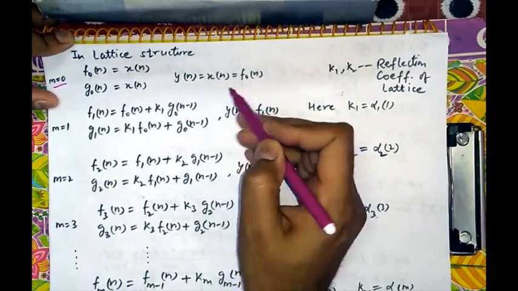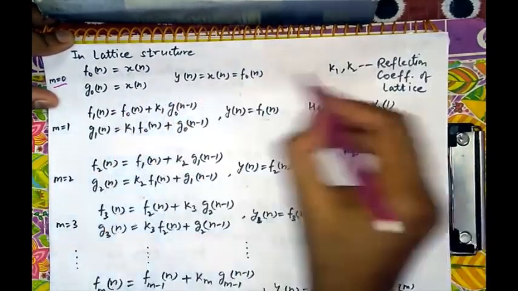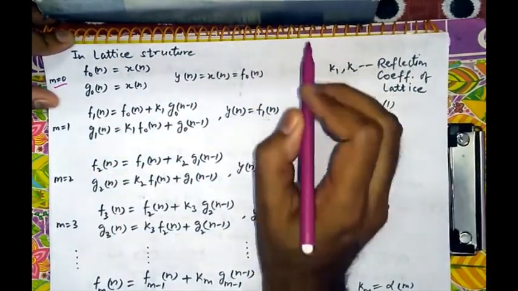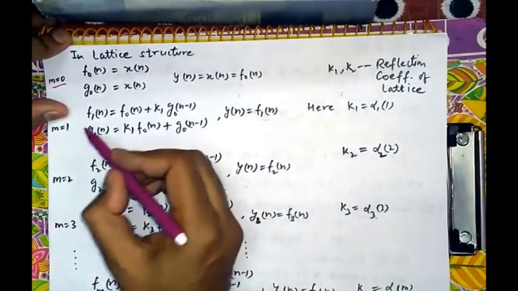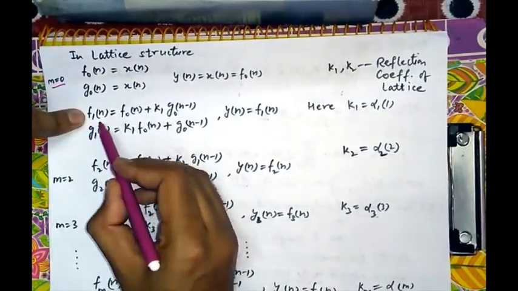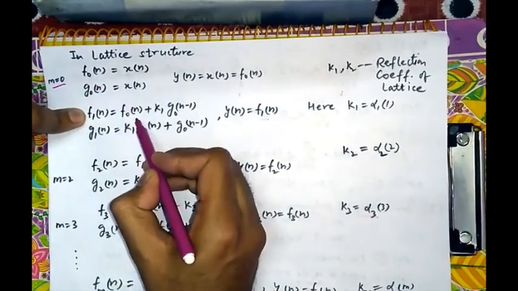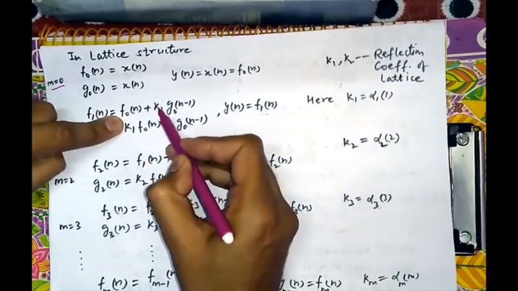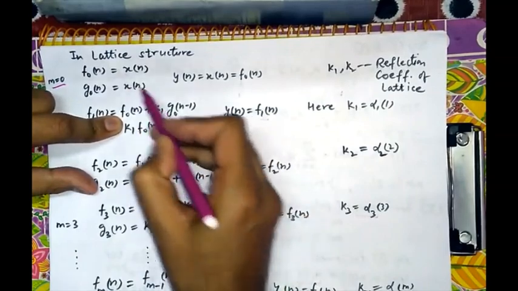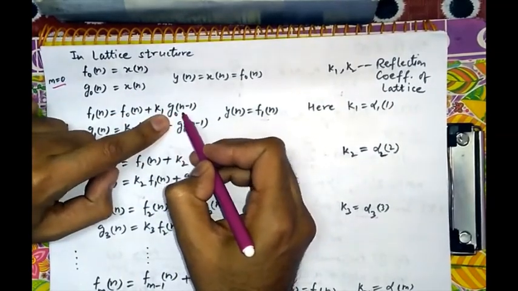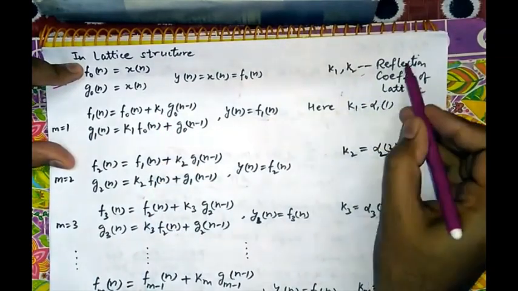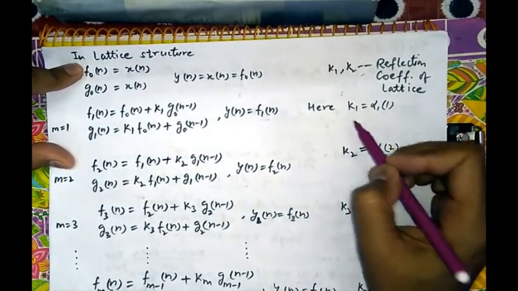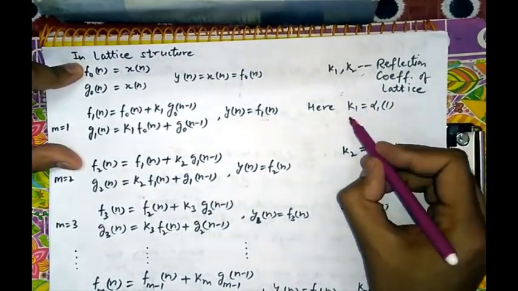For zero order there is nothing, just a straight line from x(n) to y(n). For first order, the iteration starts: f1(n) is equal to f0(n) plus some multiplier k1 times g0(n minus 1), the delayed value, and this k1 is known as the reflection coefficient or lattice coefficient.